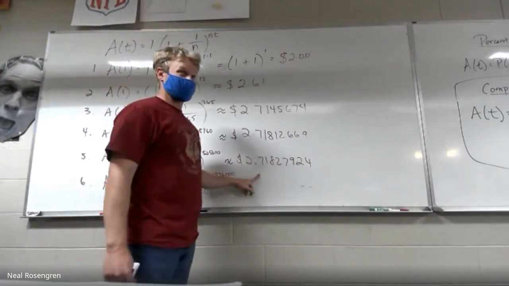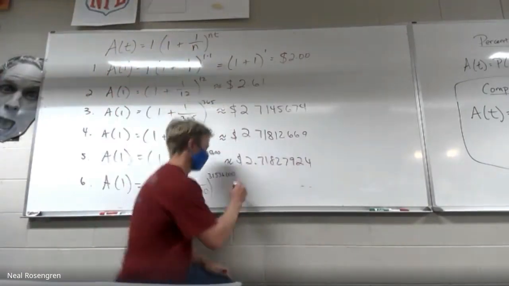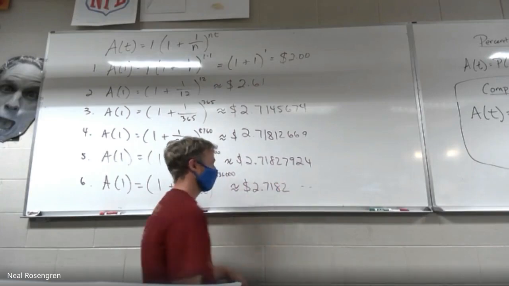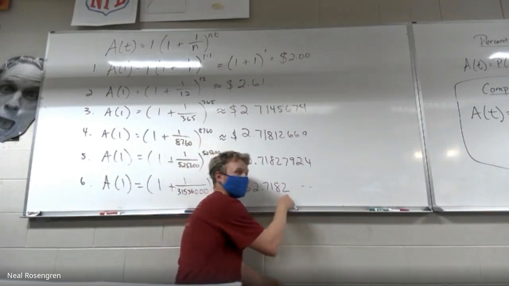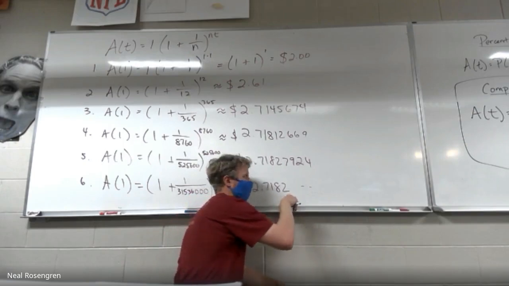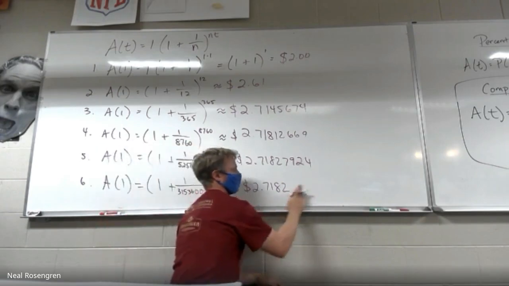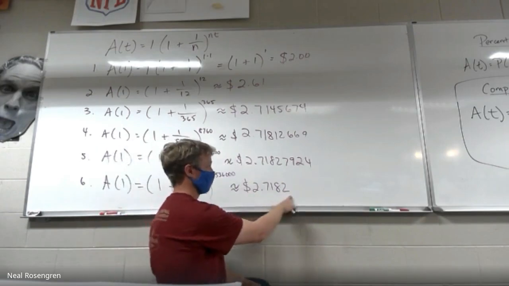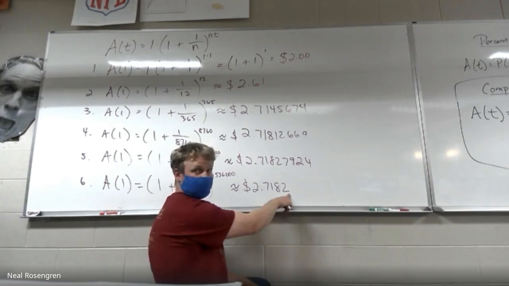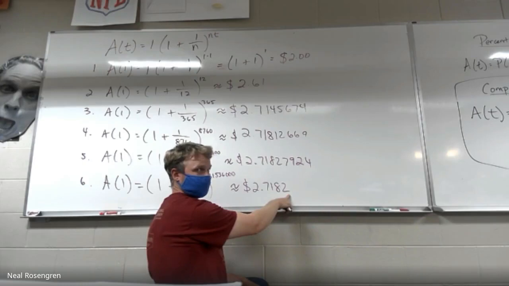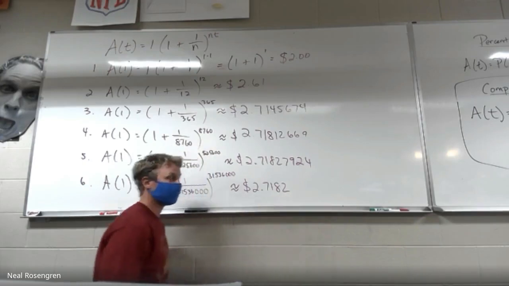You think this number's going to get a whole lot bigger? No. Look at how close they are. Let me help you out. 2.7182, 31,536,000.